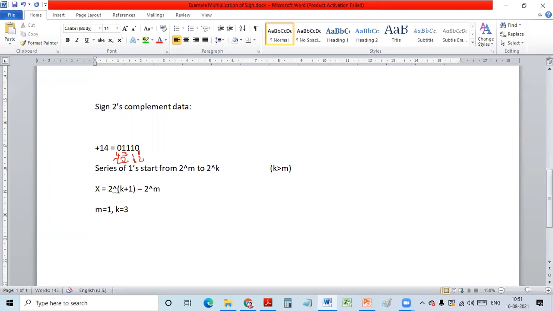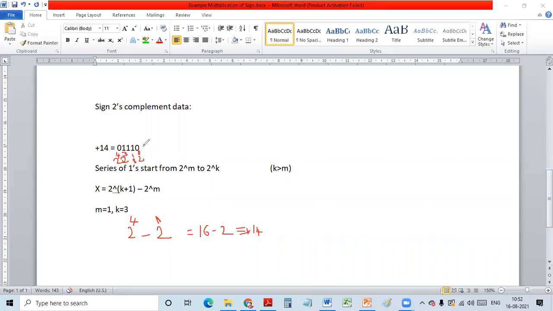So your number is 2 power k plus 1, that is 2 power 4, which is 16, minus 2 power m, that is 2 power 1, which is 2. 16 minus 2 is 14. Am I right? And that too, it is plus 14.